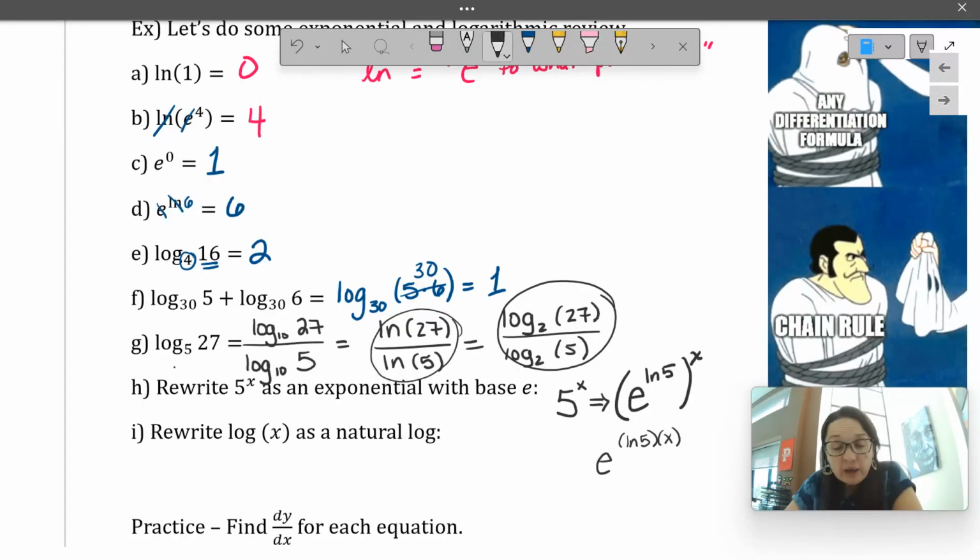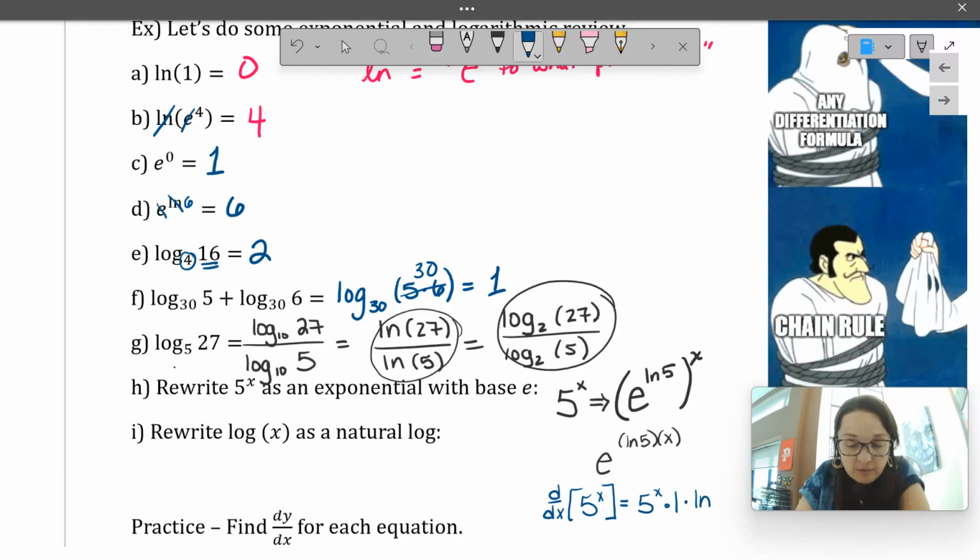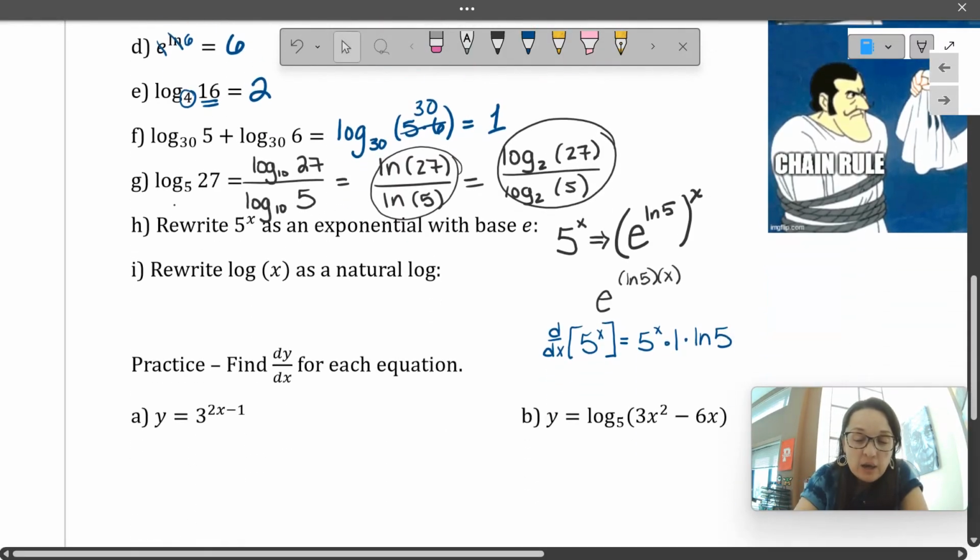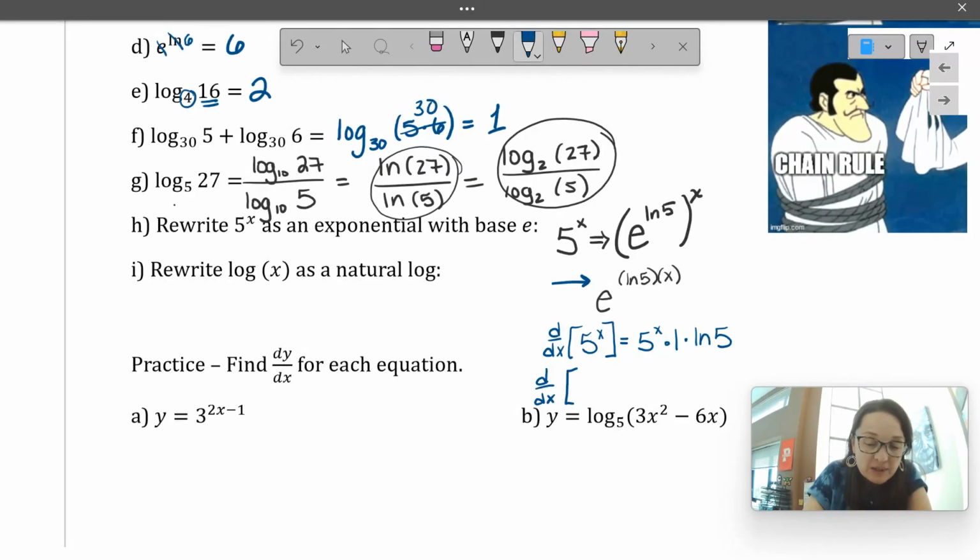Now, why do I care? It's because let's say I wanted to take the derivative of 5 to the x. Well, I just told you that the derivative of a number raised to the x is going to be itself times the derivative of the exponent times the ln of the base. That ln comes from right here. d dx of 5 to the x would be the same as d dx of e to the ln 5 times x.